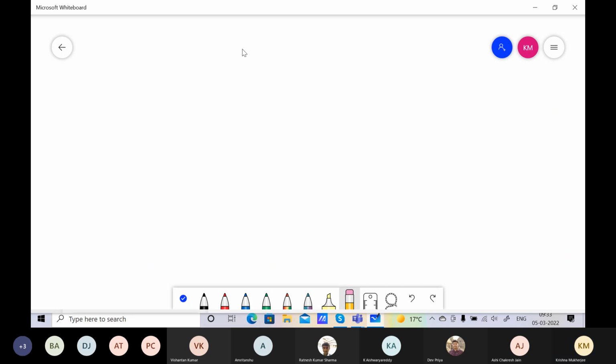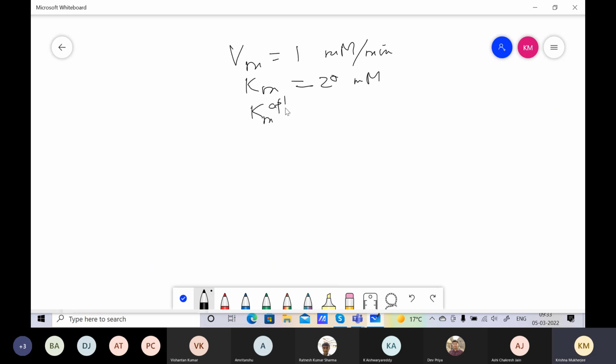Vmax, okay, let us take simple values. Vmax is equal to 1 millimoles per minute. Please remember the units. The known Km is 20 millimoles. The apparent Km that I find out from lab experiments is 40 millimoles.